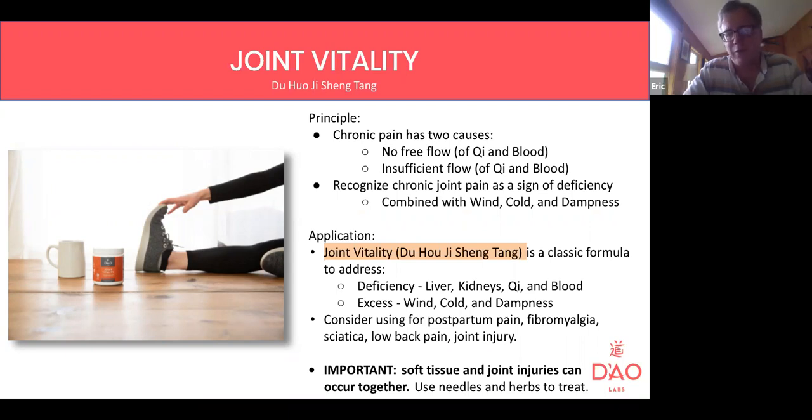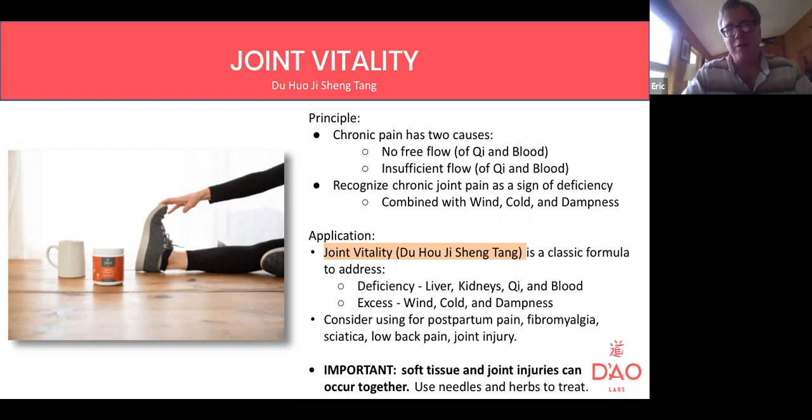So for example, I'd like to speak of a current patient. I've got a patient with some lower back pain. He came to me saying he has arthritis. What I've found is that in his case he has a lot of soft tissue injuries, all the palpations that I mentioned up and down that sinew channel, a lot of muscle tenderness and a lot of tension and knots in the muscles.